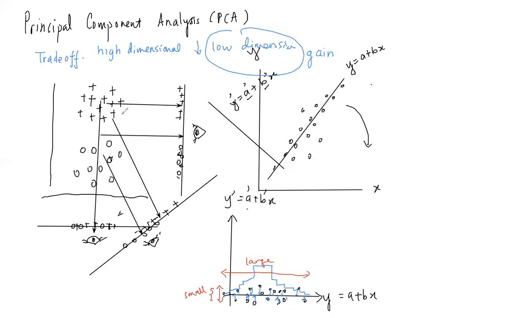So you gain this, but what will you lose? You will lose some information, because when you throw away this kind of axis, you will definitely throw away some information. But as long as this amount of information is not a lot, it should be okay. In order to gain certain things, you have to give up some things.